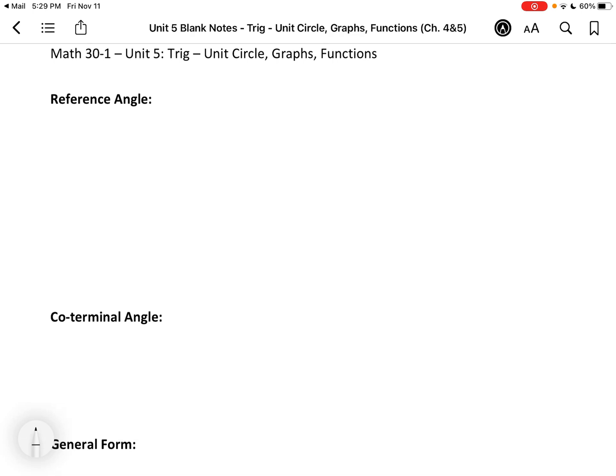Okay. Reference angle. I'm going to talk about this really quickly because you looked at it in 20-1 and we're really not going to come back to it until our second or third lesson.